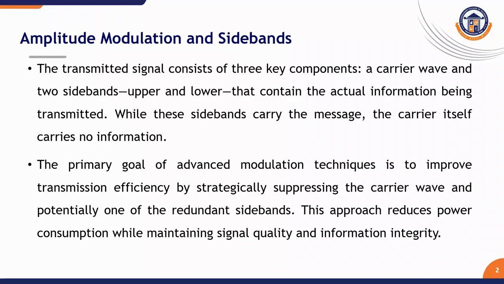By suppressing the carrier and removing one sideband, we can improve system efficiency. These concepts lead to the development of suppressed carrier modulation techniques like DSB-SC and SSB-SC, which are double sideband suppressed carrier and single sideband suppressed carrier, widely used in modern communication systems.